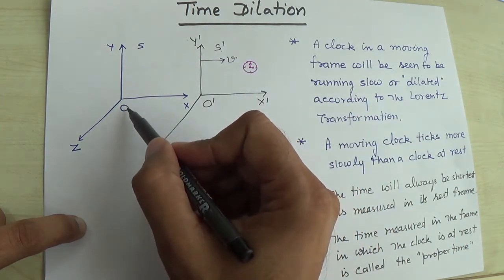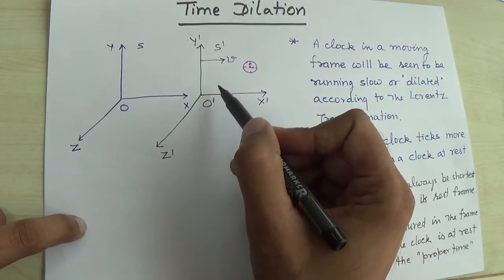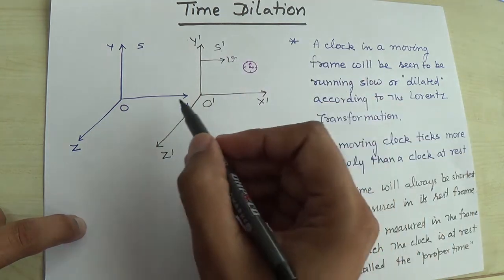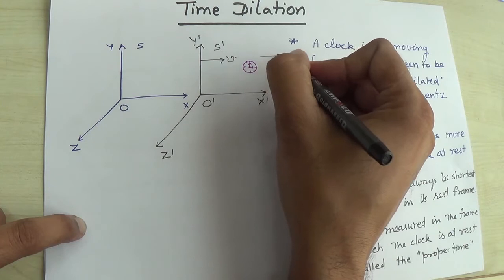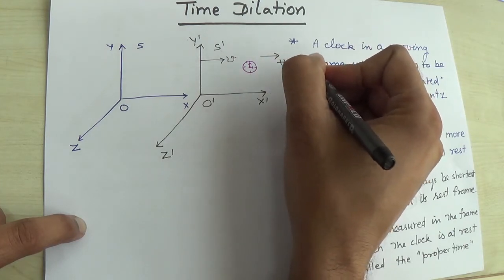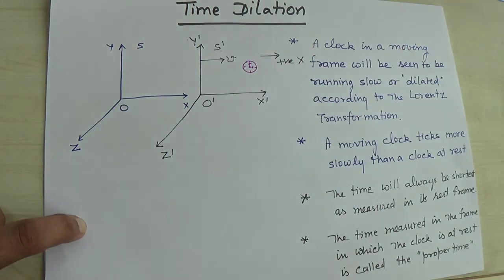O is the observer in the S frame, and O prime is a second observer in the S prime frame. The S prime frame is moving along the positive x direction.